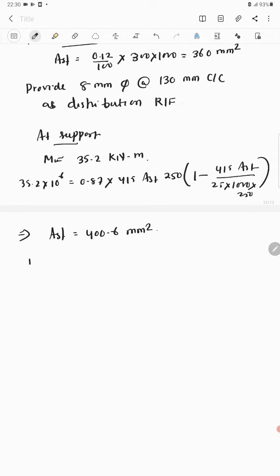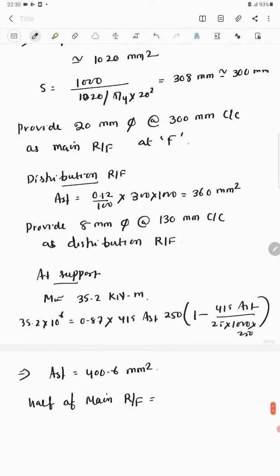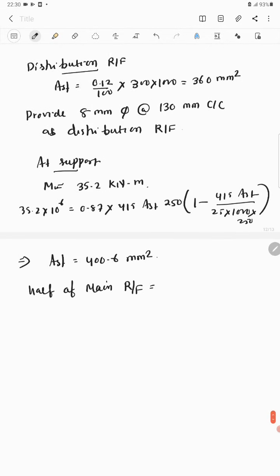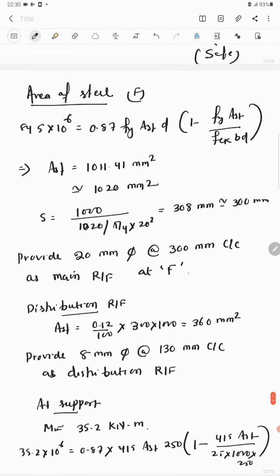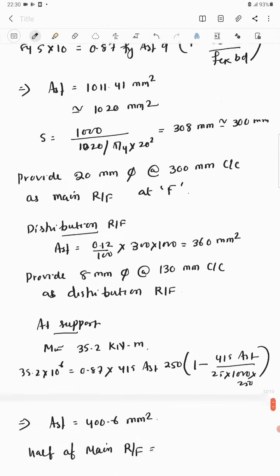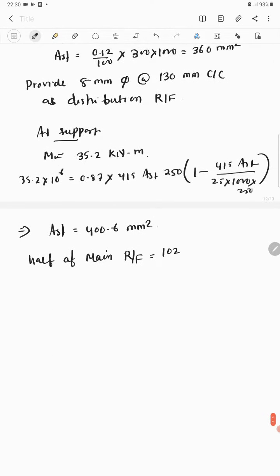Okay, so this is how much? 1020. Okay, 1020 divided by 2. This is 510 mm square. So this much amount of steel is already present at the end, and this is the required amount. So this is more than the required amount.